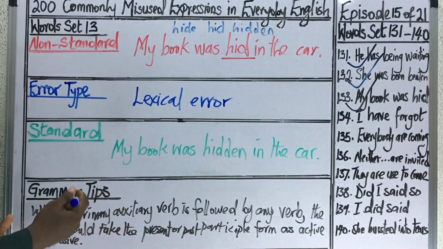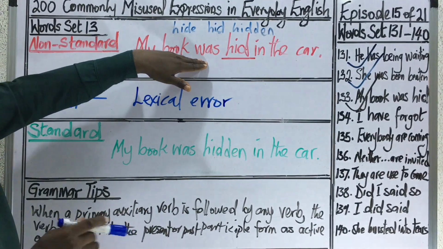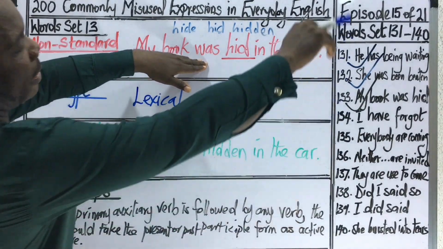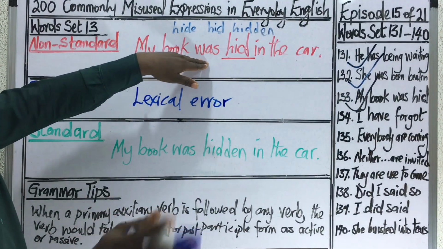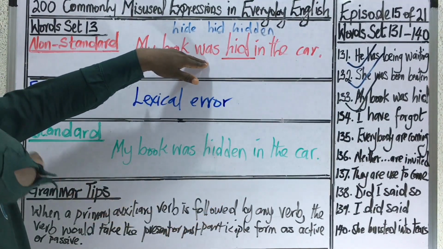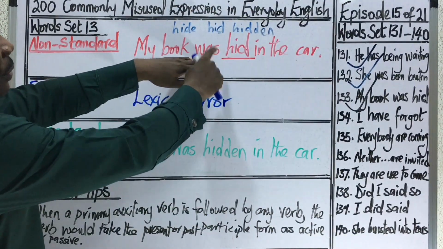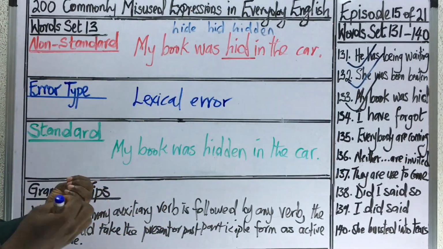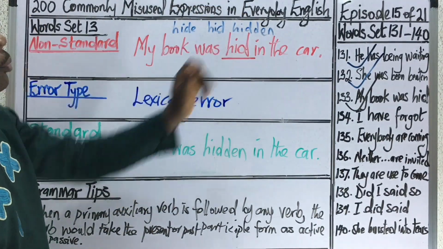Now, whenever a verb is coming after a primary auxiliary verb, we explained that thoroughly under word set 132. Whenever a verb, be it auxiliary or lexical, is coming after a primary auxiliary verb, it would usually take the form of past participle.